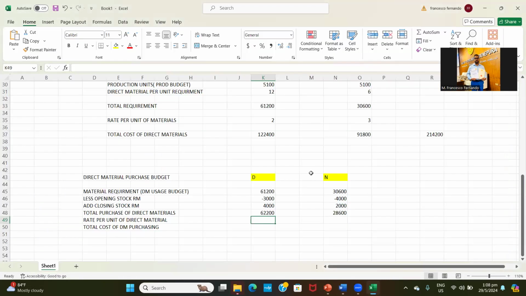For D it is 2, for N it is 3. If you multiply, you can get 85,800 here, and here you can get 124,400, which will give a total of 210,200. So this is the direct material purchase budget.